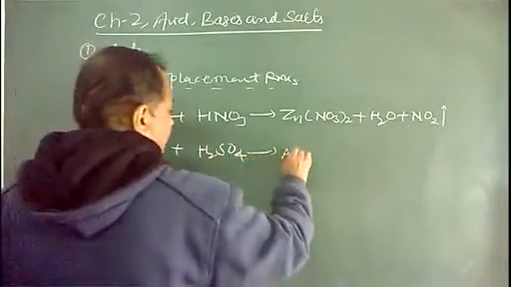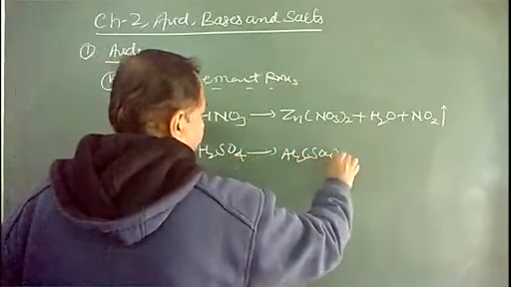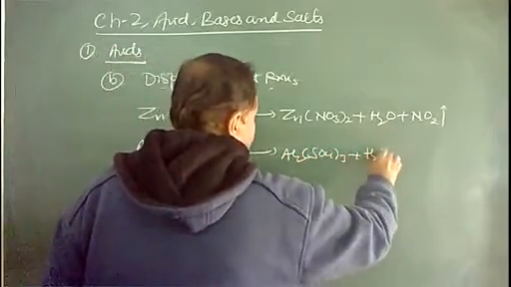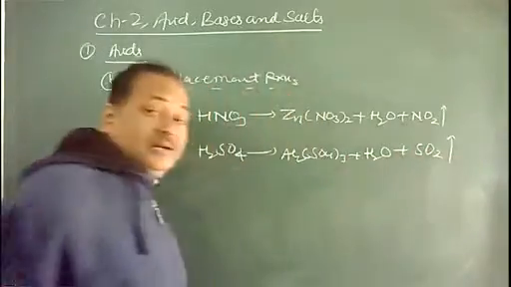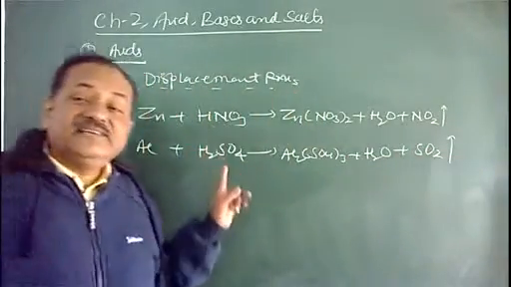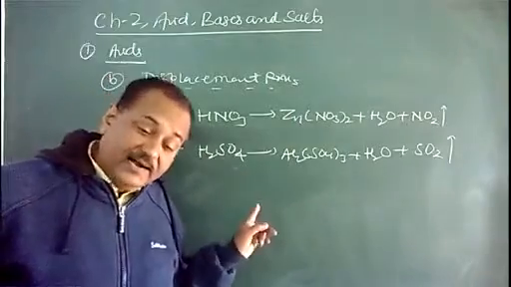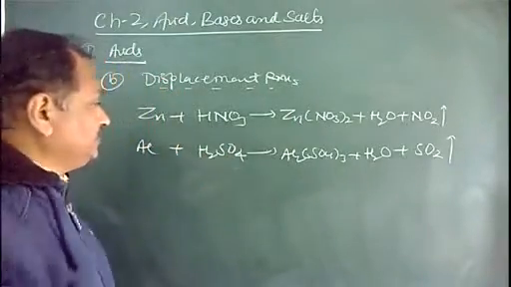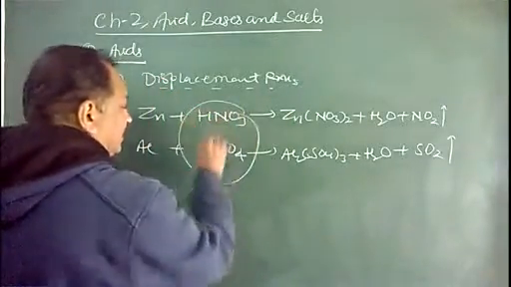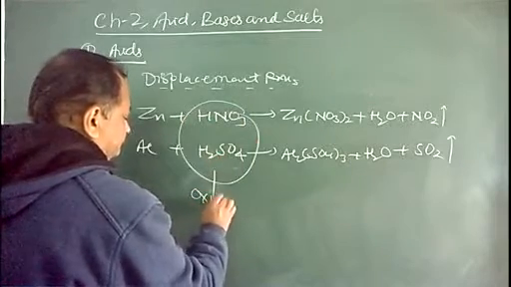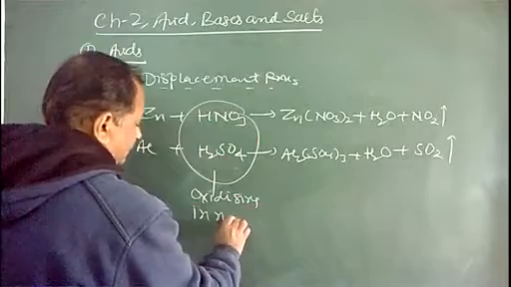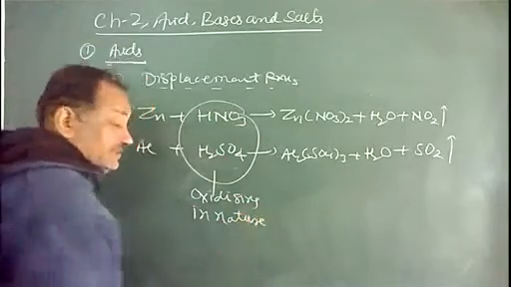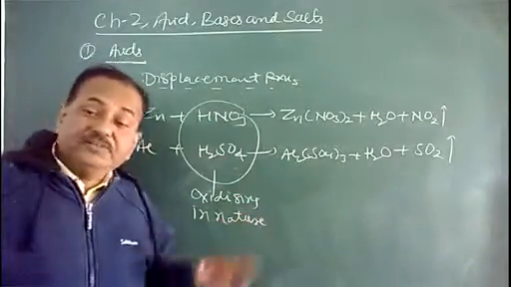There is the formation of aluminium sulfate plus H2O plus SO2. Now children, nitric acid and sulfuric acid are oxidizing in nature, and they cause oxidation of others.